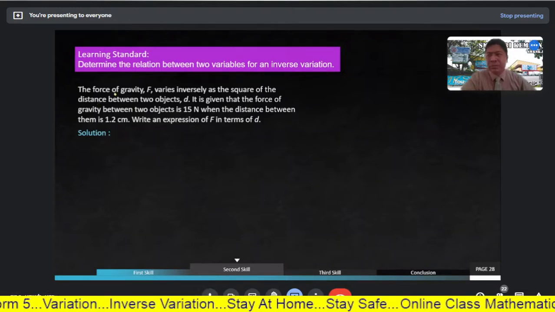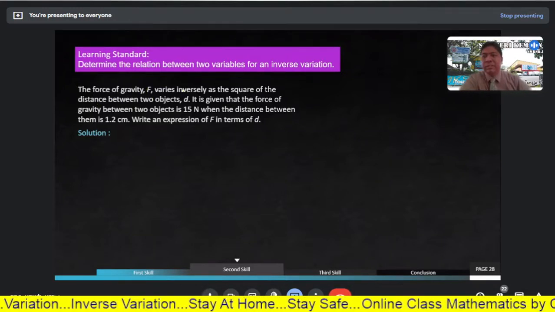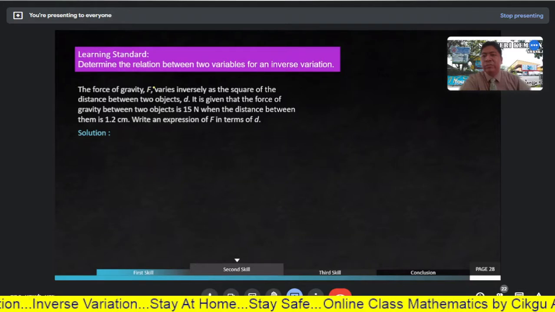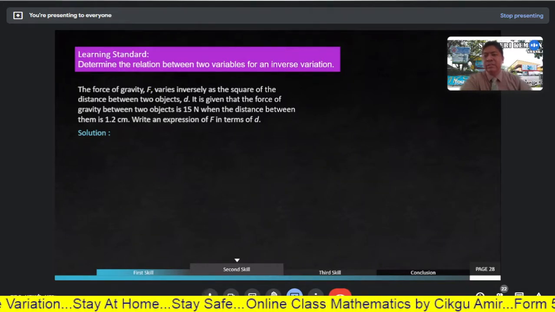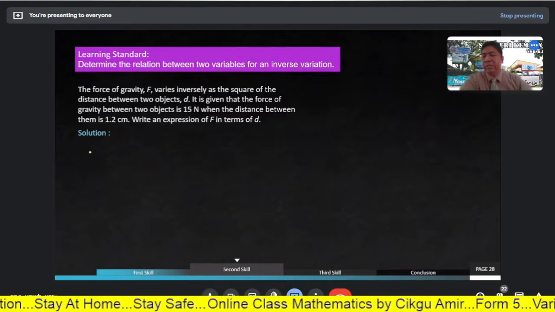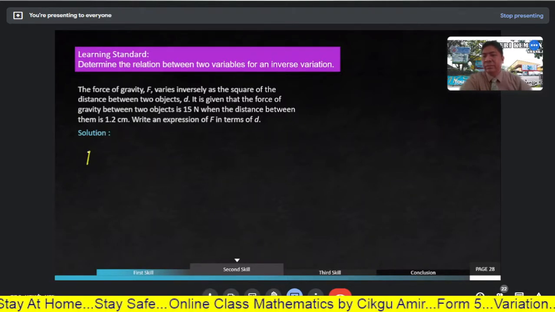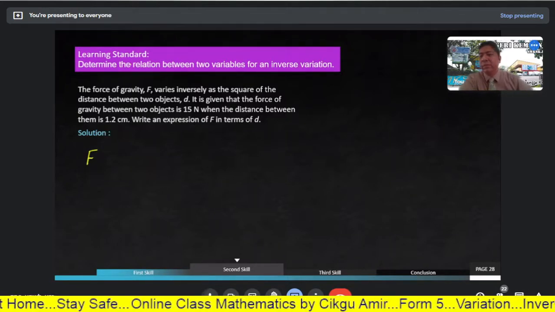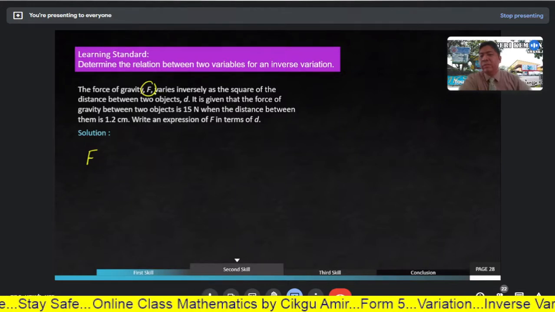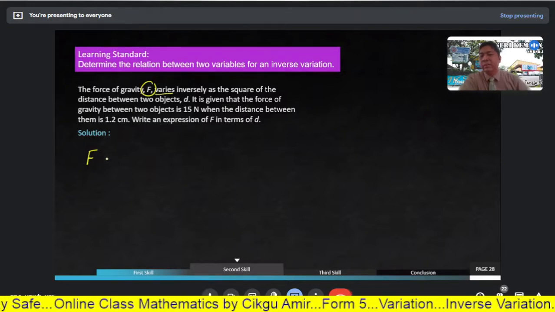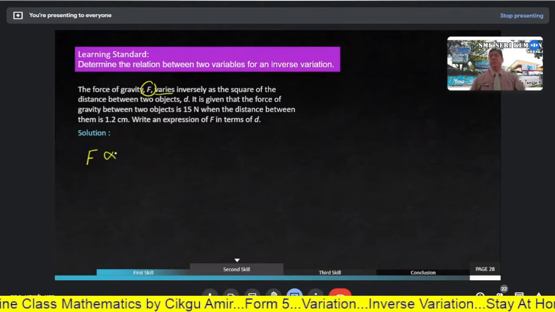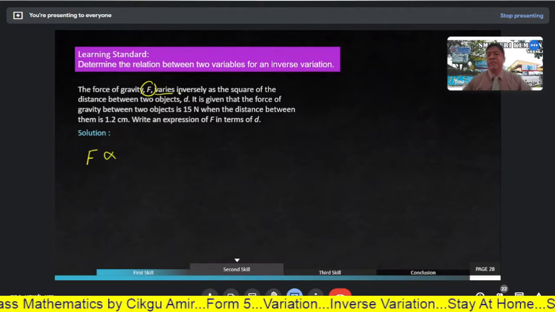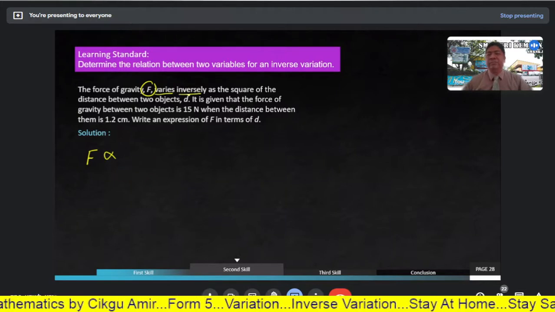So we change this into a variation relation. We have F varies, so put a symbol of variation. Varies inversely.